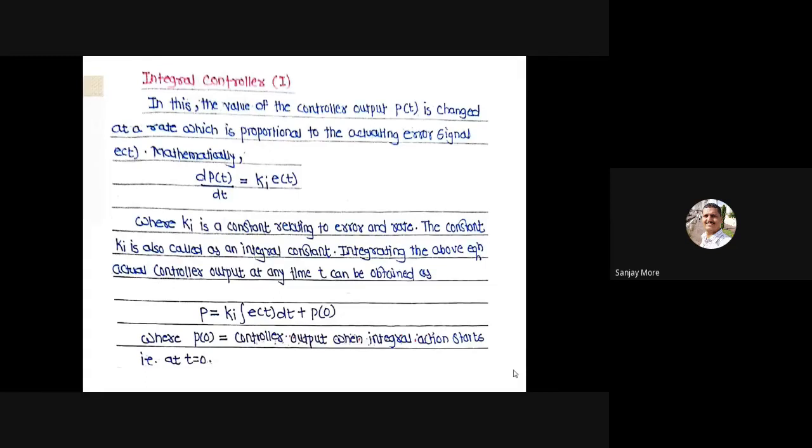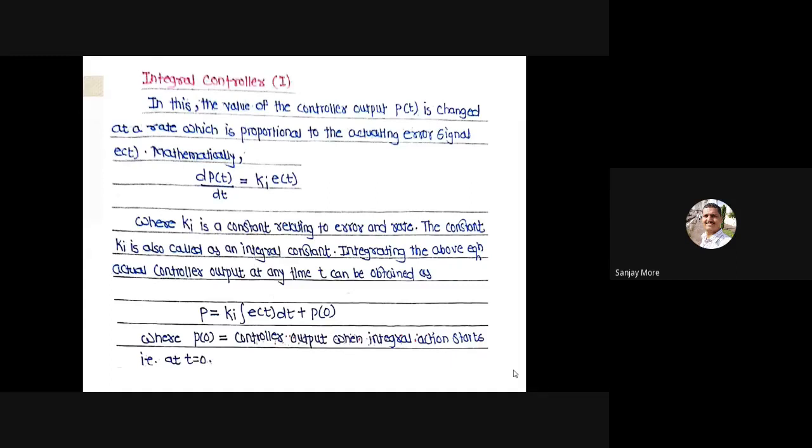Next heading, integral controller, capital I. Give the heading, integral controller, capital I. Okay, so in the integral controller, the error signal is the derivative of the controller output P of t.